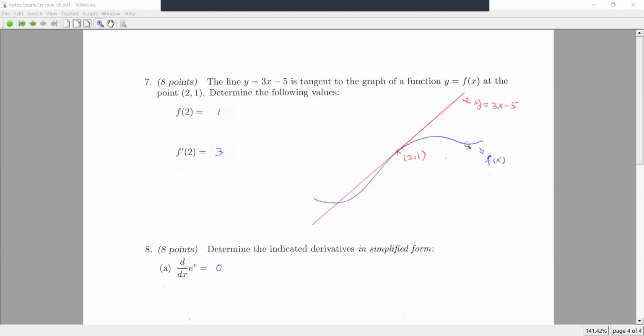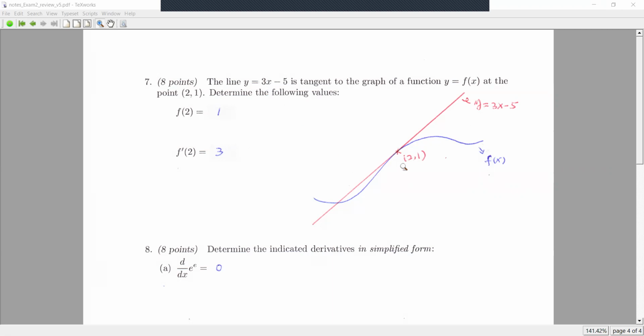And suppose this curve is the graph of function f. Suppose the point 2, 1 is here. It is on the graph. At this point, there is a tangent line. The equation of the tangent line is this equation. It is given. From this equation, we see that the slope of the tangent line is 3.